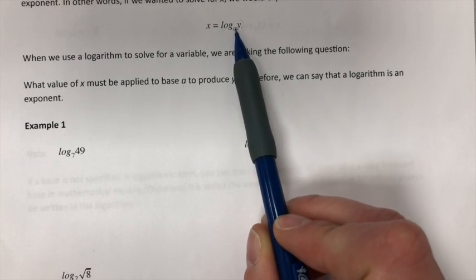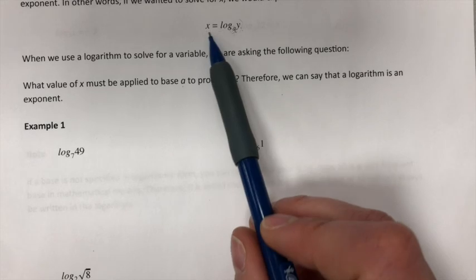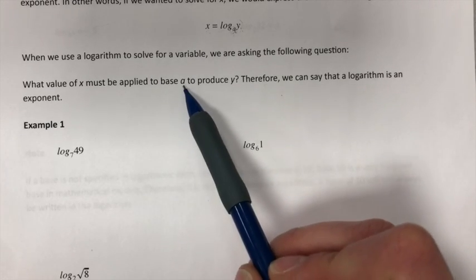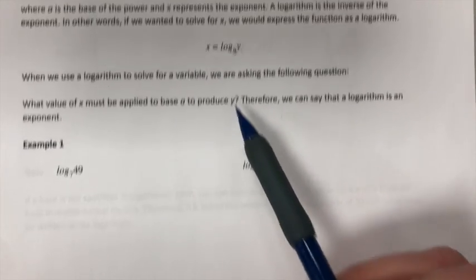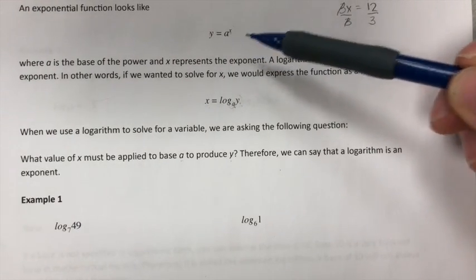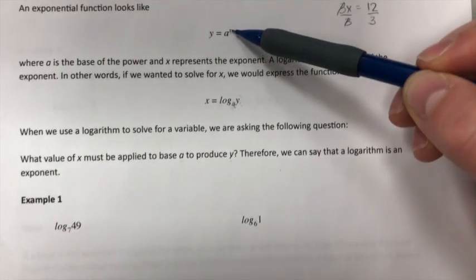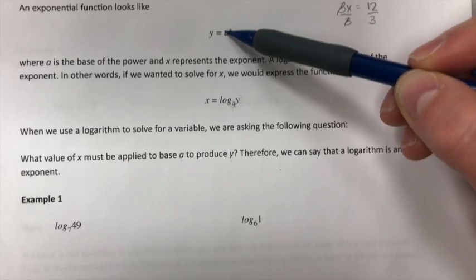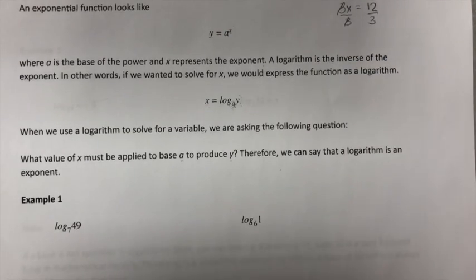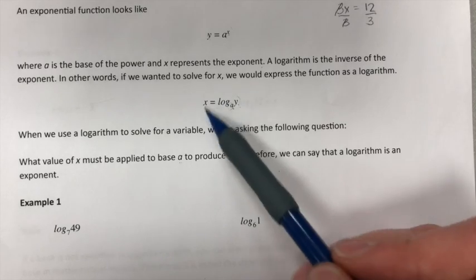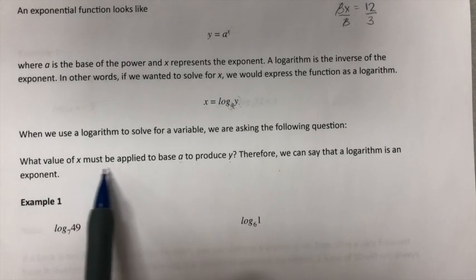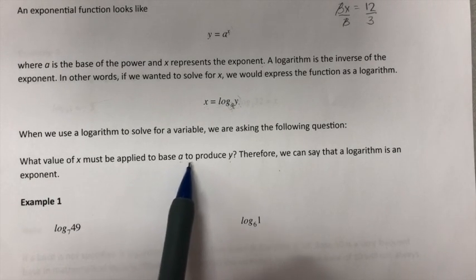What value of x as an exponent must be applied to that base to produce y? If we look at the exponential form again, we're asking what exponent for the base would give us the number that we want. We're asking the same question in the form of a log.